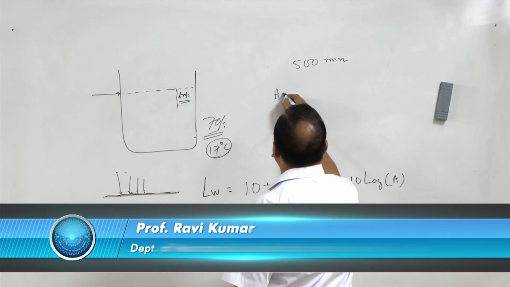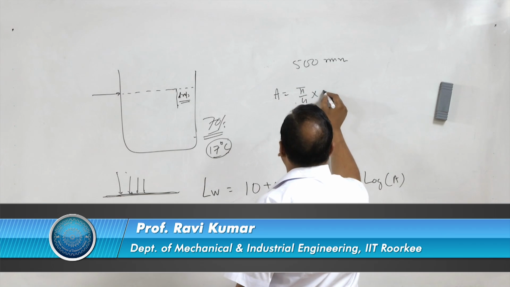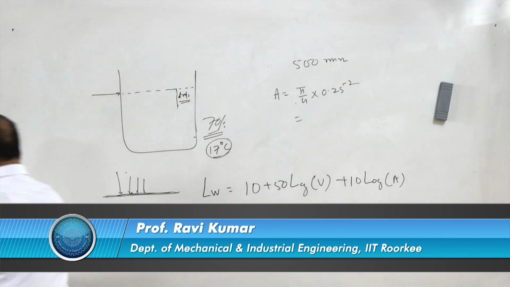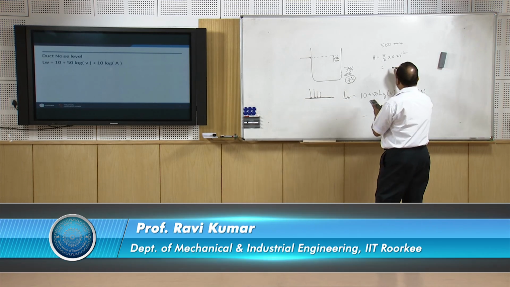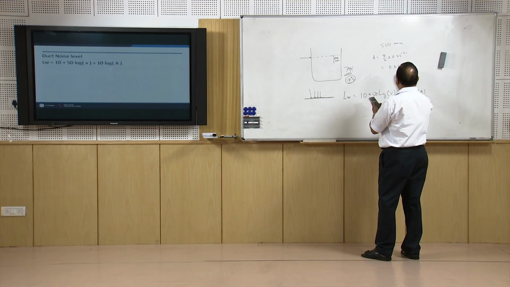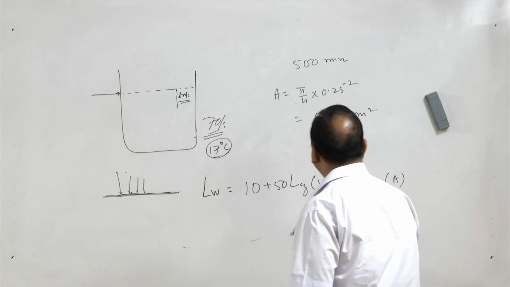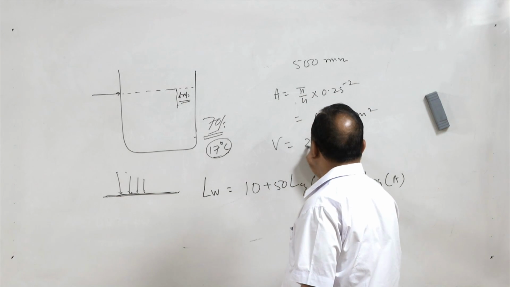So the area is pi by 4 into 0.25 square, which is equal to 0.049 meter square. Now the duct velocity, let us say 20 meters per second.